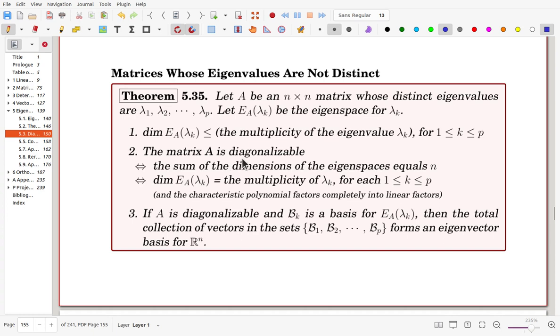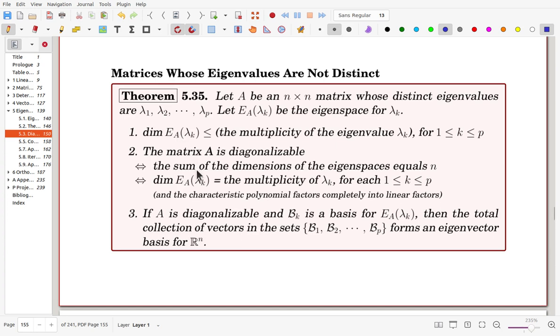If the matrix is diagonalizable, then the sum of the dimensions of the eigenspaces equals n. In this case, it has n linearly independent eigenvectors, because the dimension of each eigenspace is decided by the number of independent eigenvectors.